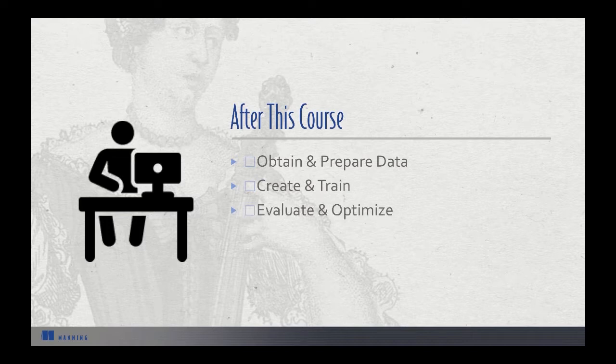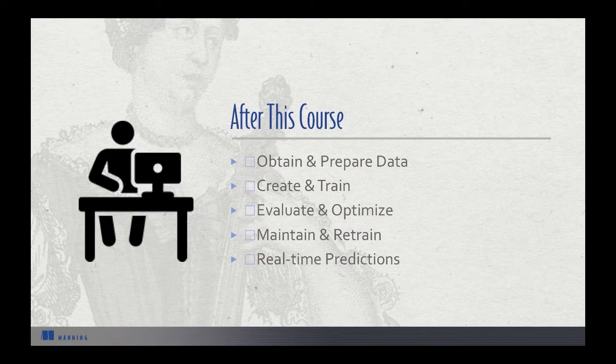Evaluate the accuracy of an existing model and optimize that model to make more accurate predictions. Maintain and even retrain an existing model with new data points. Expose your machine learning program via an API endpoint that can make real-time predictions.